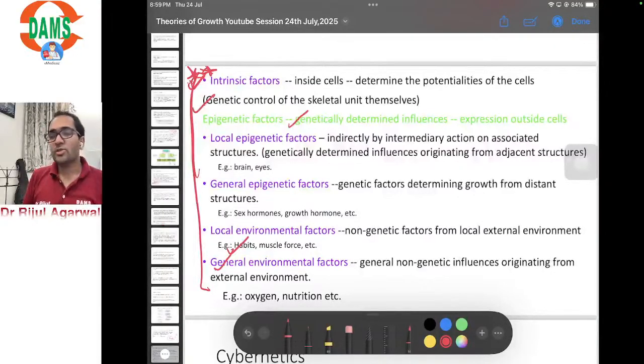Cybernetic theory or servo system theory is very important. Growth relativity hypothesis is another very important theory because its applications on the mechanisms are important, how it helps myofunctional appliances to act, how the mandible grows in that.